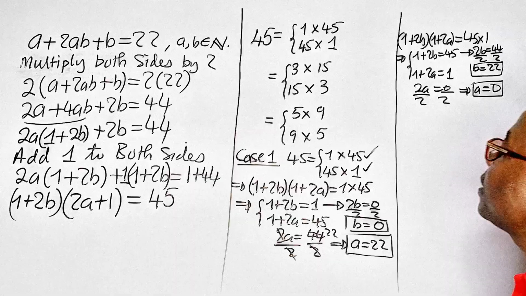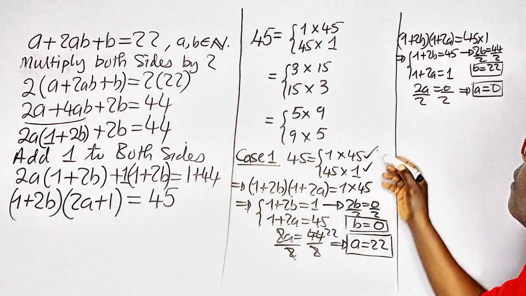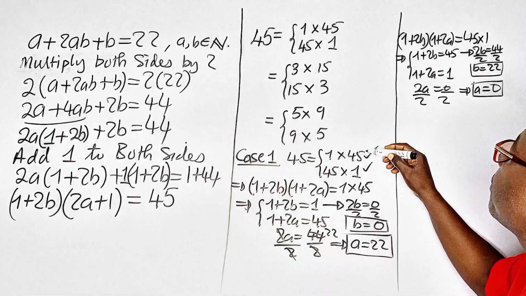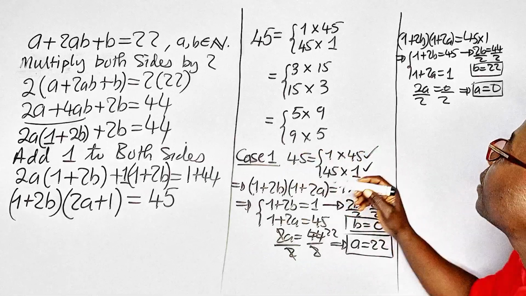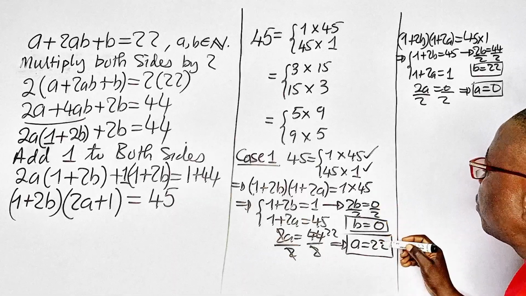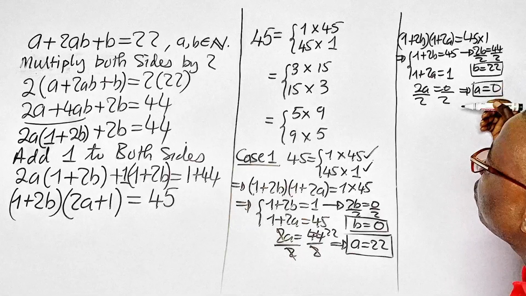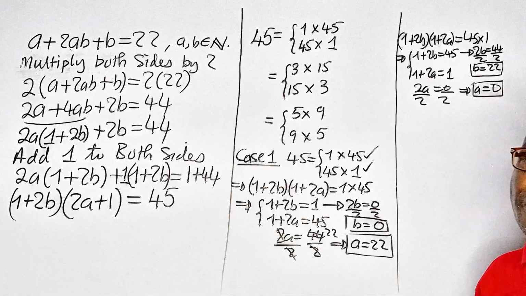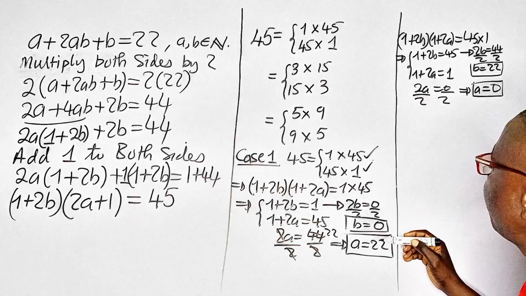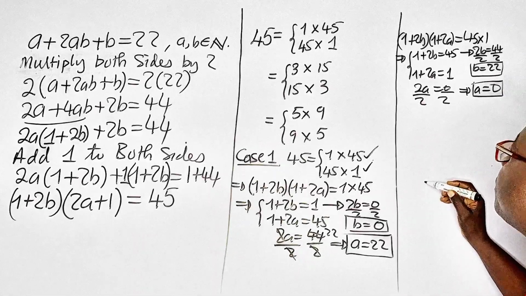If we look at it carefully, we see just a swap in the solution of the first situation of case 1. In the first situation, b was 0 and a is 22. In the second situation, the results just swap. The value of b in the first situation became the value of a, and the value of a became the value of b.